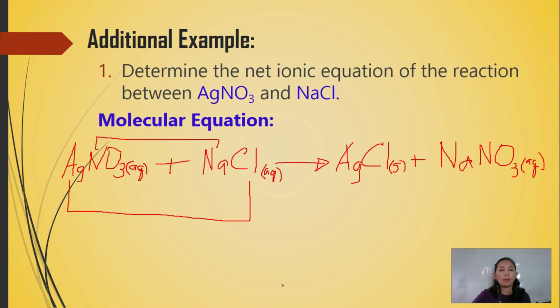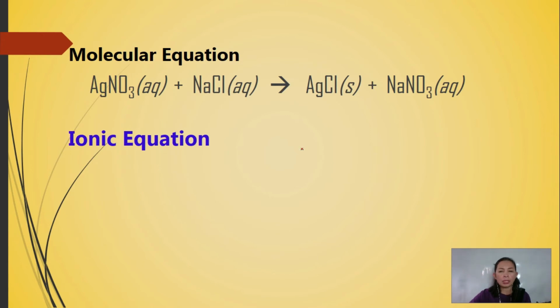So let's now write the ionic equation. For the ionic equation, again, we have to ionize the substances that are soluble in water. So here we have to ionize silver nitrate. Silver nitrate is being ionized into silver ion, silver has a charge of positive 1.